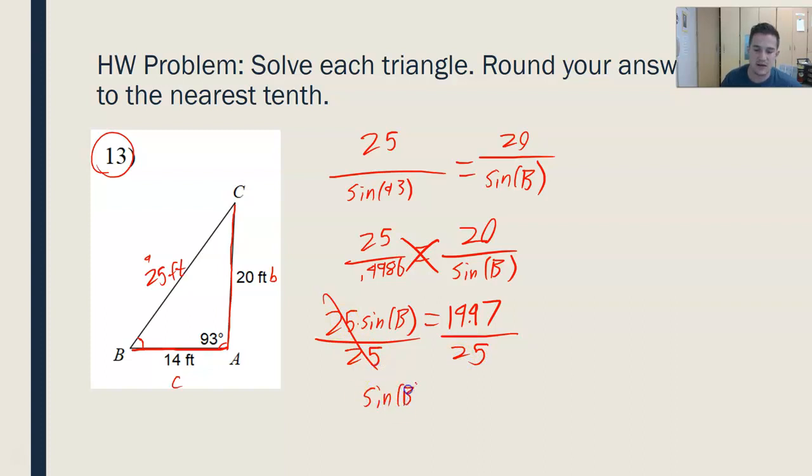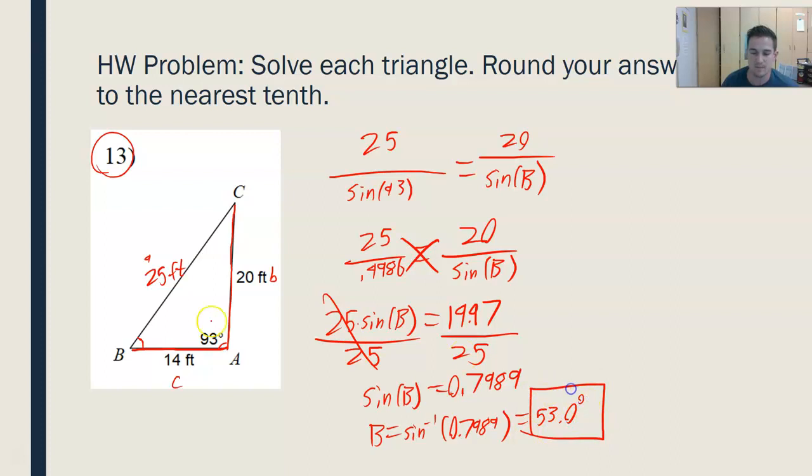Sine of b is equal to 19.97 divided by 25, which is 0.7989. Then I need to take the inverse sine of 0.7989, and I get 53.0, round to the nearest tenth, 53.0 degrees. So this angle right here is 53 degrees.